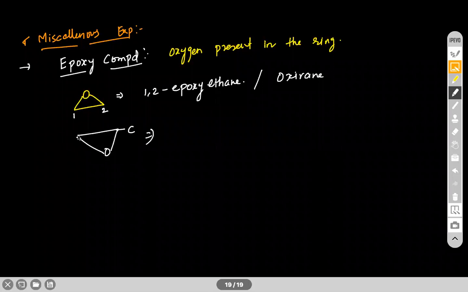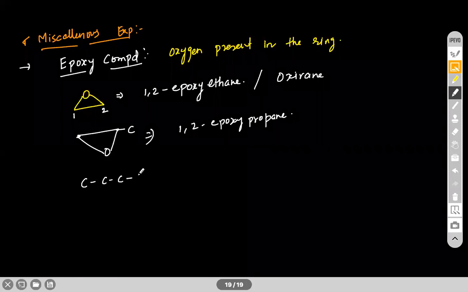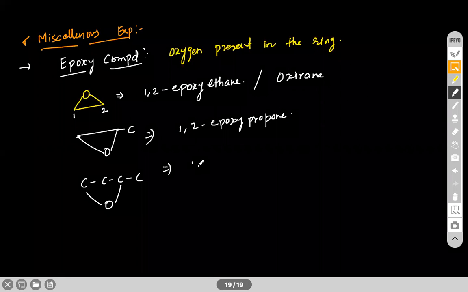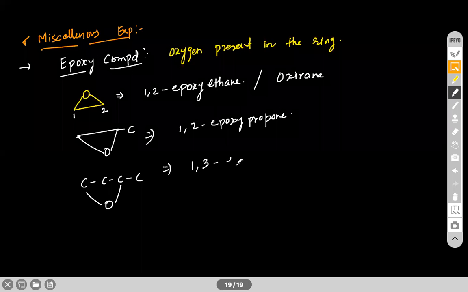Now this one has 1, 2, 3 carbons, right? So it is propane. So 1,2 epoxy propane. If you have this compound, carbon, carbon, carbon, and carbon, and here we have oxygen present, then 1, 2, 3. This is 1,3 epoxy butane.